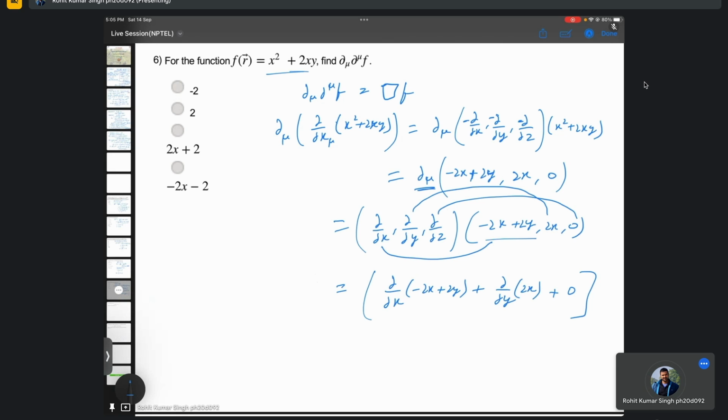Okay, so finally what you get is minus 2 plus 0 plus 0, right? Because this is 0 and this is 0, and del y del x up to y is also 0, so finally you get minus 2 as the answer.